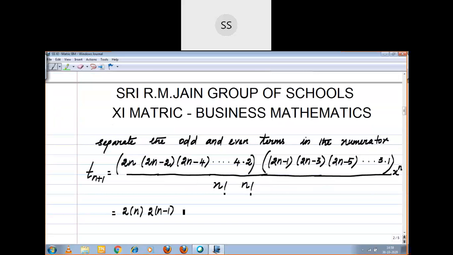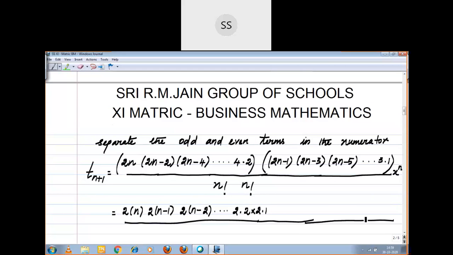Did you notice it, children? Which number is common? 2, right? See how I am going to write, you listen. 2, you should take it out, then it becomes n. Here, n minus 1. Here, n minus 2. 2 into 2, 2 into 1. Got it? 4 can be written as 2 into 2, 2 can be written as 2 into 1.